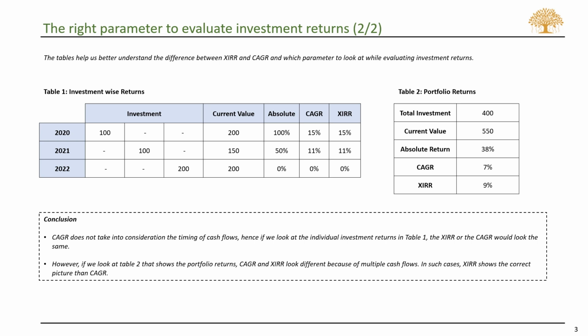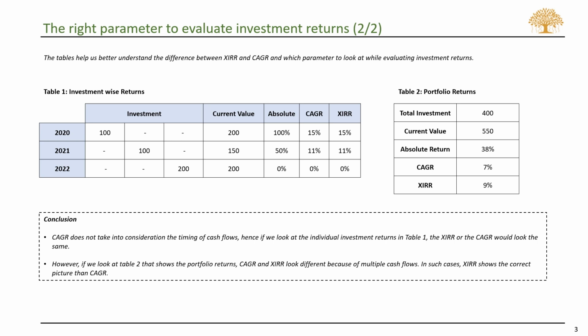So coming to the second part, if the time frame is more than 1 year, what parameter should we look at? Is it the XIRR or is it the CAGR? Table 1 shows the investment-wise returns and table 2 shows the portfolio returns. In table 1, in 2020 we invested 100 rupees and the current value for that particular 100 rupees stands at 200.